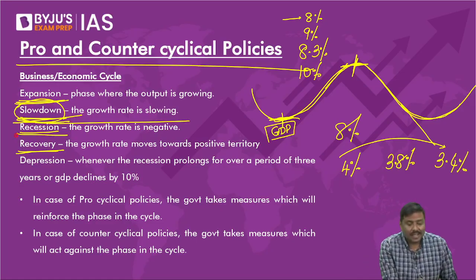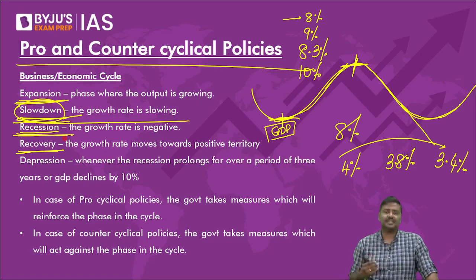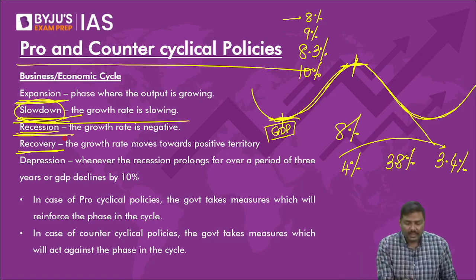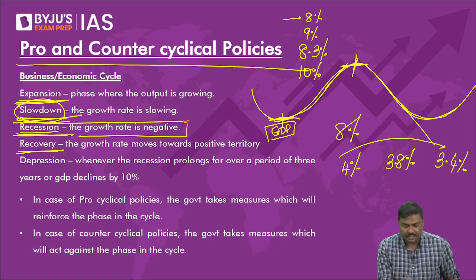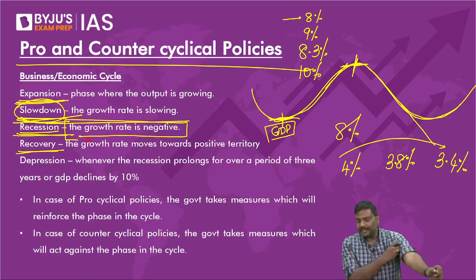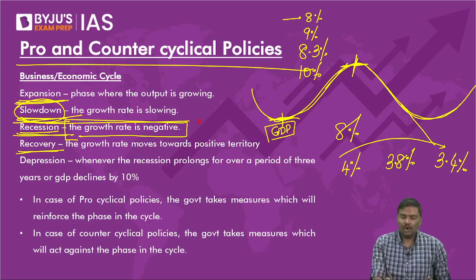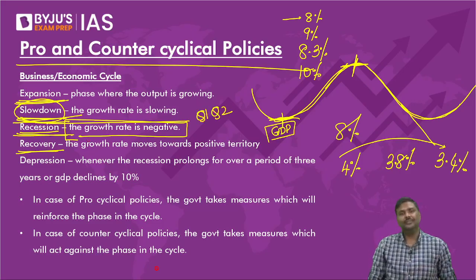Third one, recession. Third one is called as a recession. What is a recession? Whenever in 2 consecutive quarters, remember this. 2 consecutive means what? Quarter 1, quarter 2, are they consecutive or not?